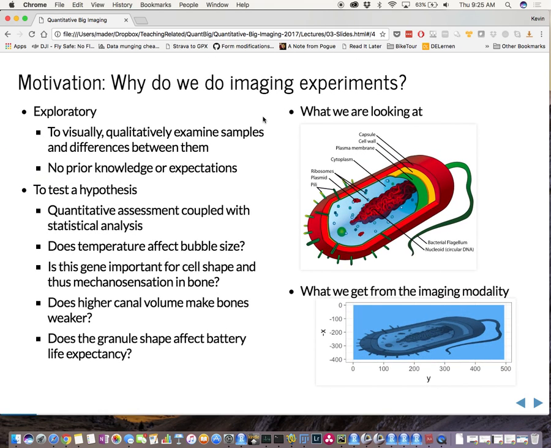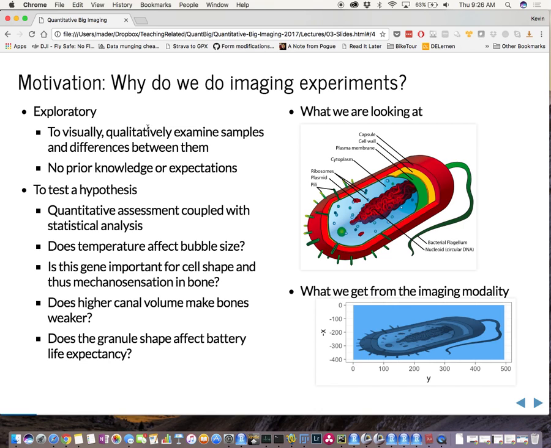So if we go back to the motivation of why we do imaging experiments in the first place, you have the very exploratory case, where you don't have a hypothesis, you don't have really any or too many assumptions going into it. You just want to see what your samples look like, see what everything's distributed around inside. This is the starting point.